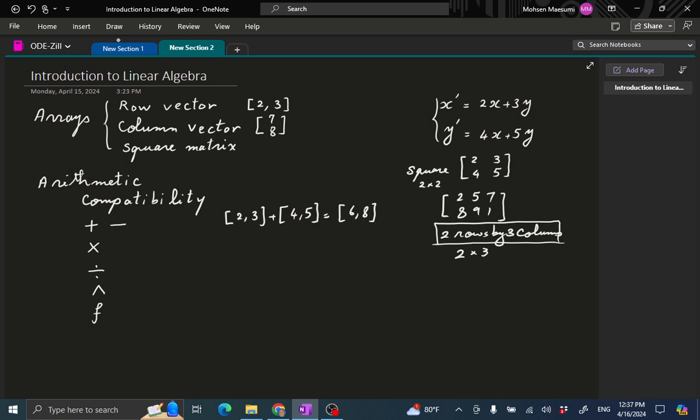Next up is the issue of multiplication. At this stage, it becomes more complicated as to what we actually mean by multiplication. At this stage, we need to separate scalars from any of these quantities, for example, matrices or vectors.